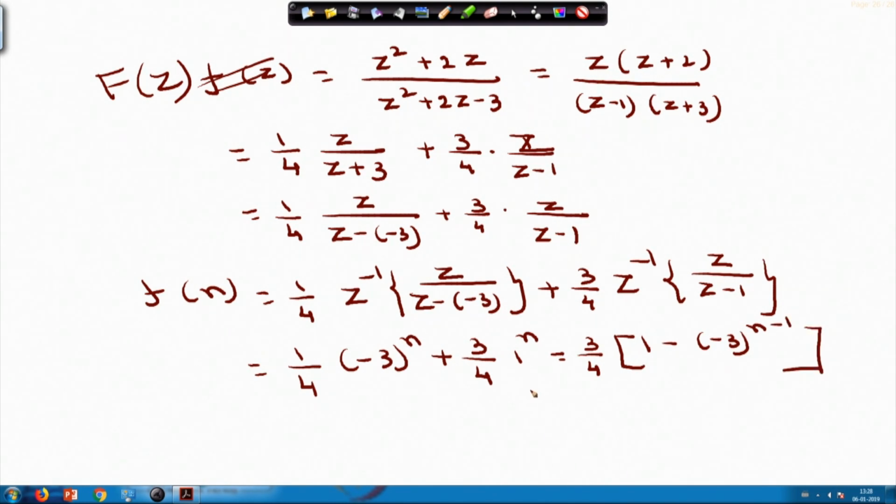So, whenever I am given an equation in terms of f n and some conditions are provided, in this format, by substituting the values of f n plus 1 and f n plus 2, I can ultimately write capital F z as a function of z, then take the inverse z transform and find the value of f n.